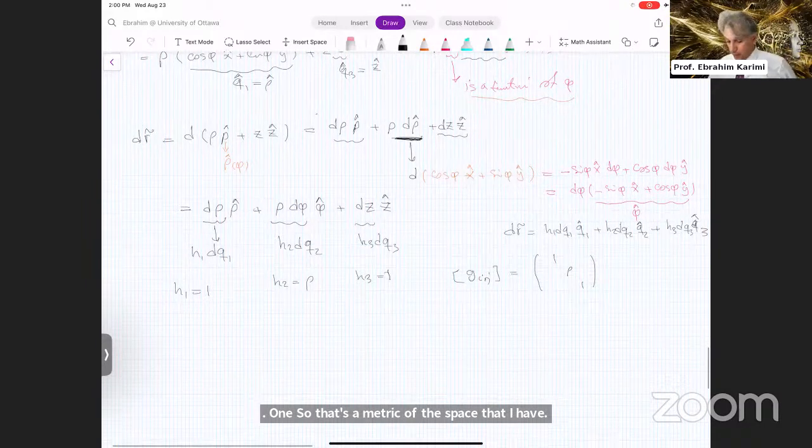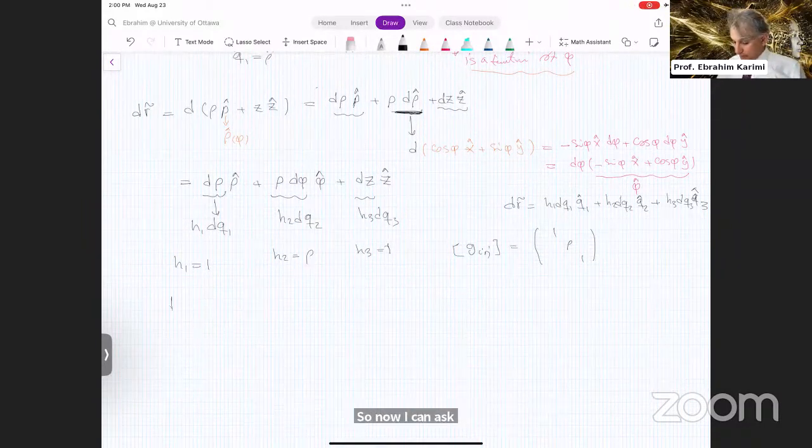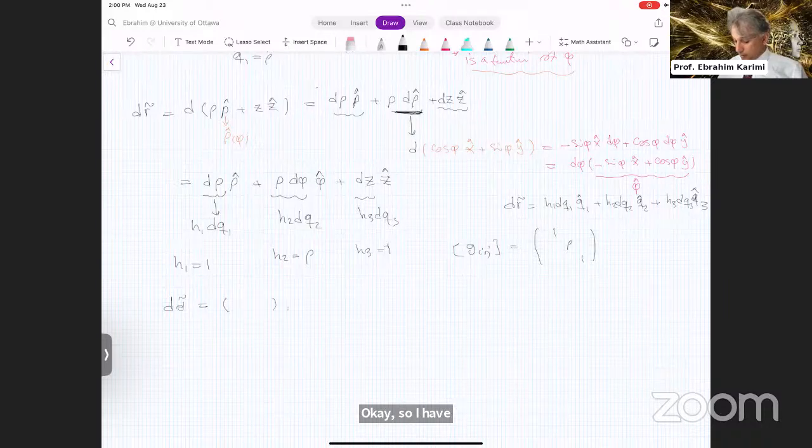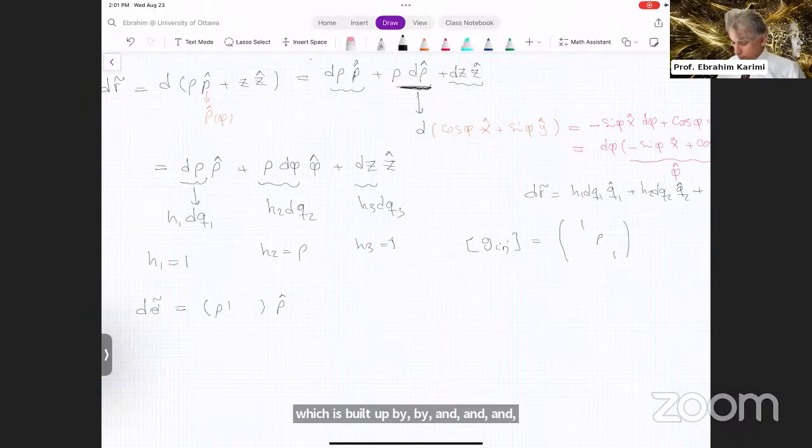Now I can ask you, what is happening with d sigma? I have three of them. One is along rho hat, built up by phi and z, so that will be rho d phi dz.